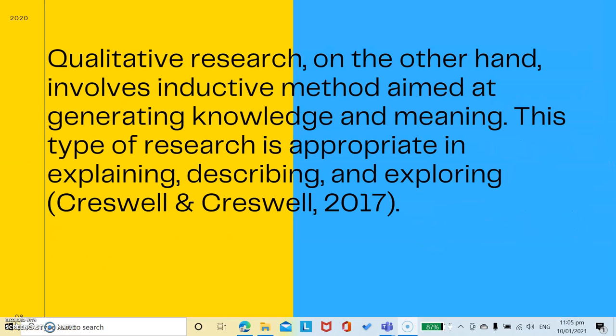Now, qualitative research would involve inductive method aimed at generating knowledge and meaning. This type of research is appropriate in explaining, describing, and exploring. As a student and as a very curious student, you would like to explore a lot of things around you. You would like to know more about places, things, and people that you really find interesting, intriguing, or mysterious.